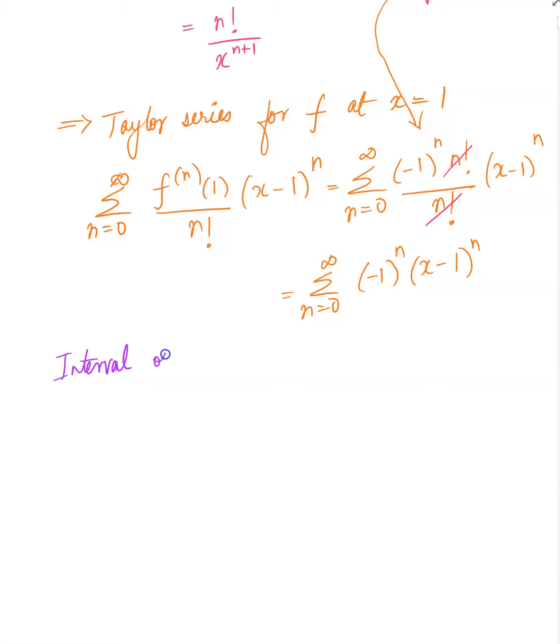So interval of convergence requires us to consider this, and first figure out if it converges or diverges, and where it converges, where it diverges.